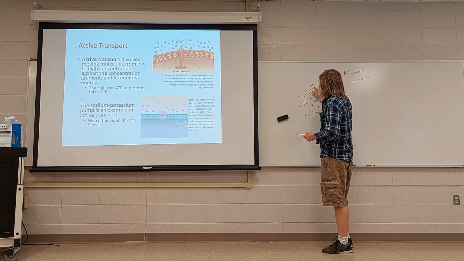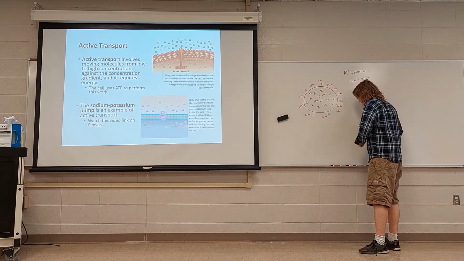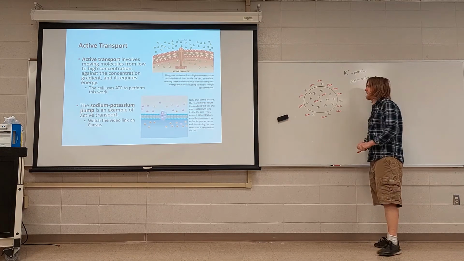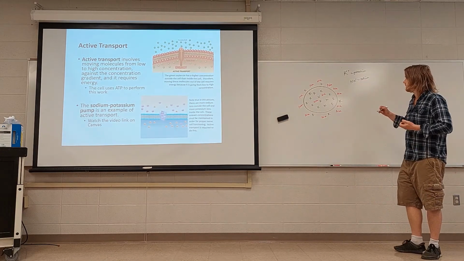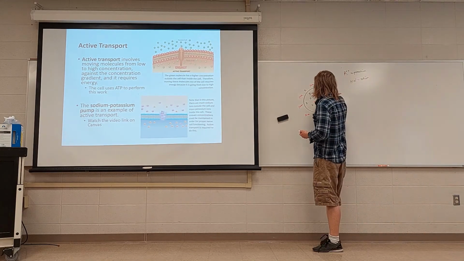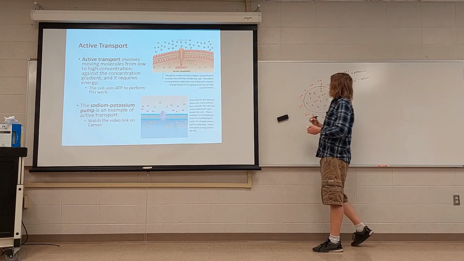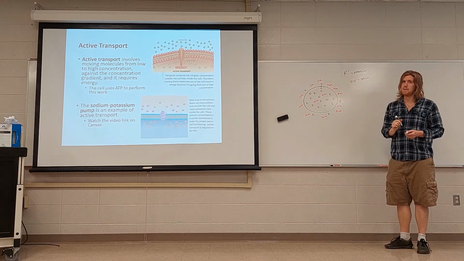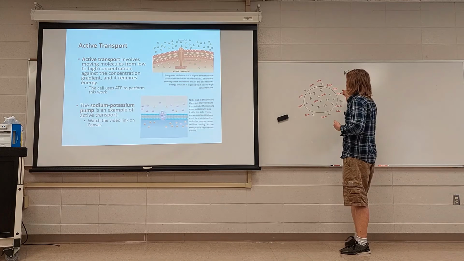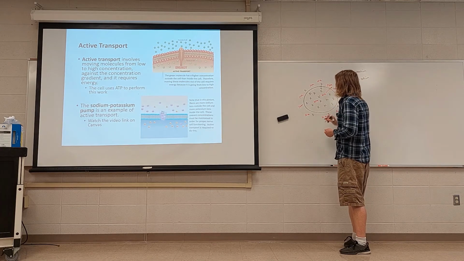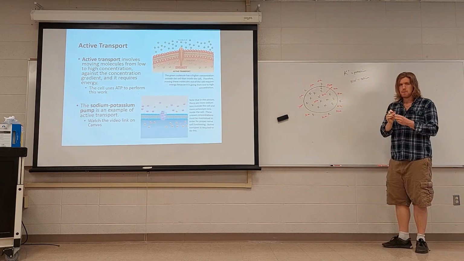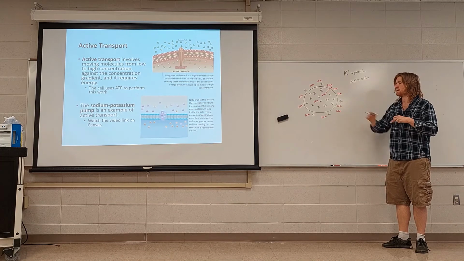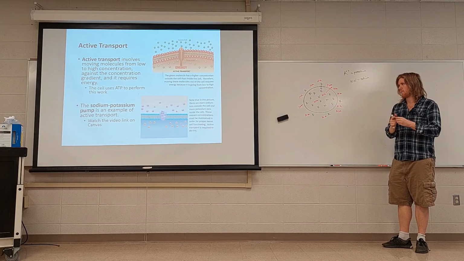So what your cells do is they spend energy to keep pumping potassium back in and sodium back out. You have to keep the ratio that you see here for proper nerve cell functioning.